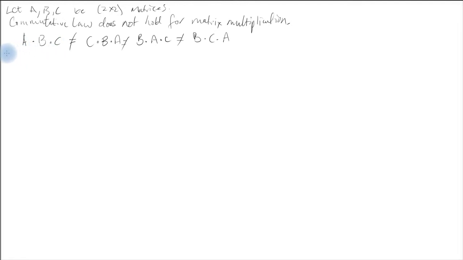Now, here's the thing I said sort of incorrectly, is that we also have this other thing called the associative law. The associative law actually does hold for matrix multiplication.